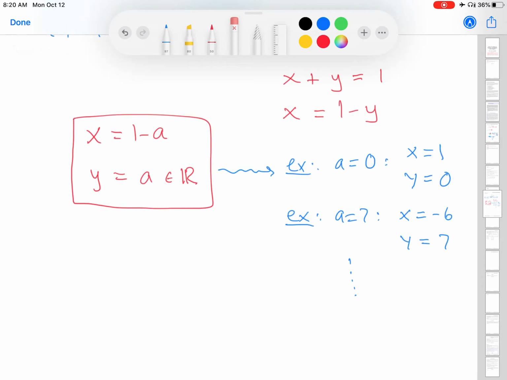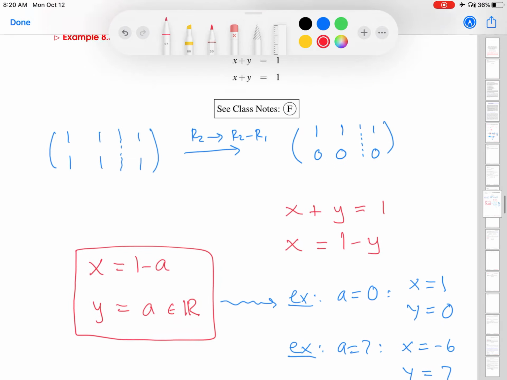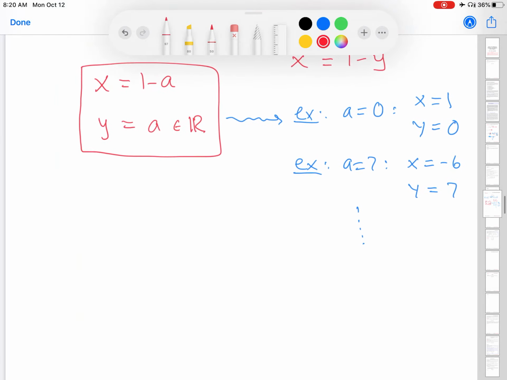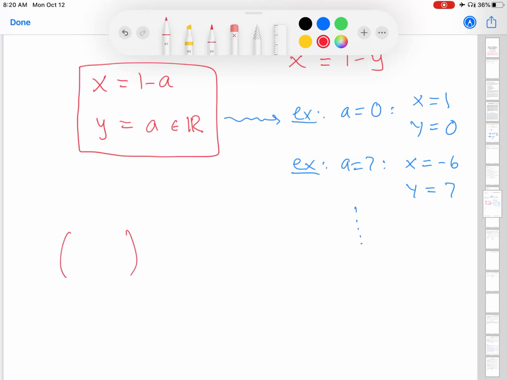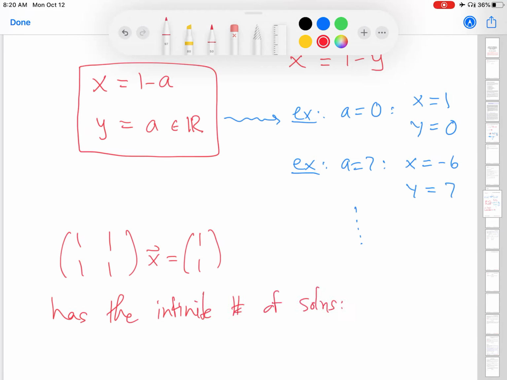Last thing I'll do here is, just for notation's sake, go back to the system up there, x plus y equals 1, x plus y equals 1. This is the matrix form of the system, [1 1; 1 1], and it has an infinite number of solutions.